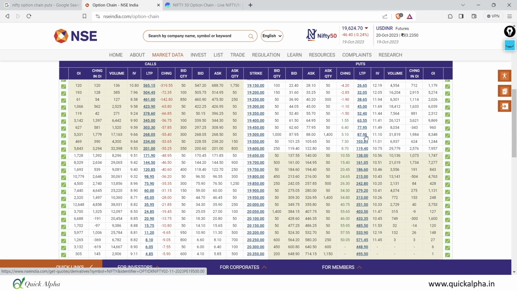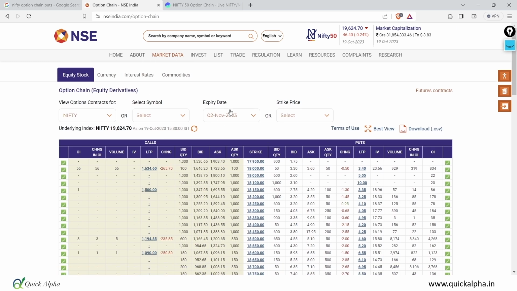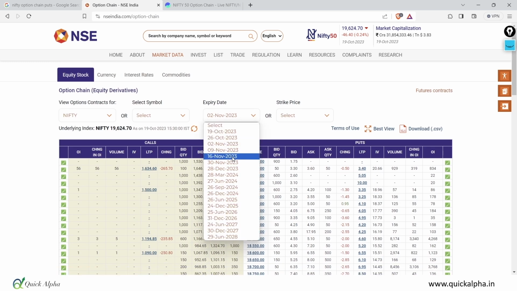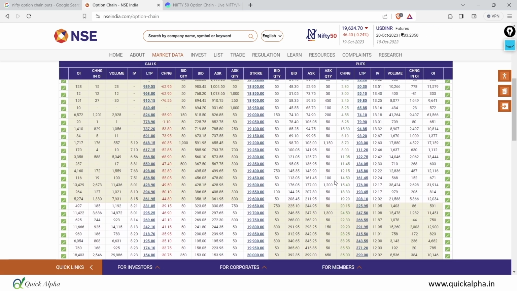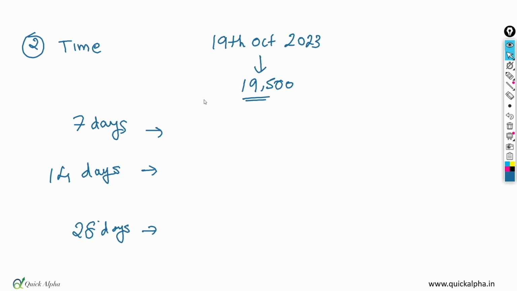So for 7 days it is 60 rupees, for 14 days it is going to be 88 rupees, and once I change it to, let us say, 28 days, the 19,500 option has a premium of 176 rupees, right?